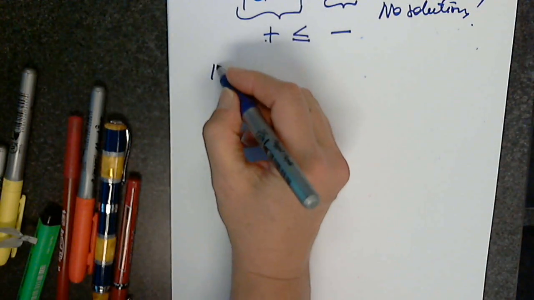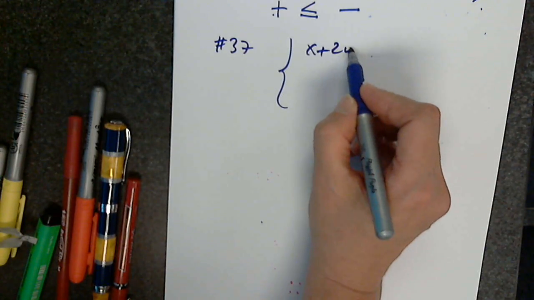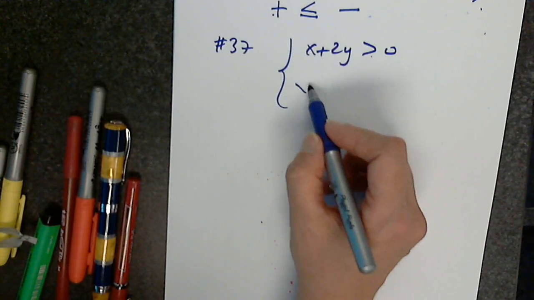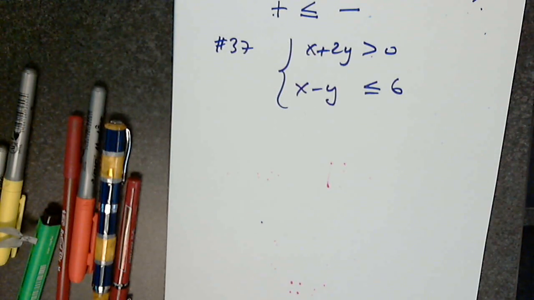Okay, our next step for the last section, 37. I picked 37. And here's the system: x plus 2y greater than 0, x minus y less than or equal to 6. 2 minutes, please.